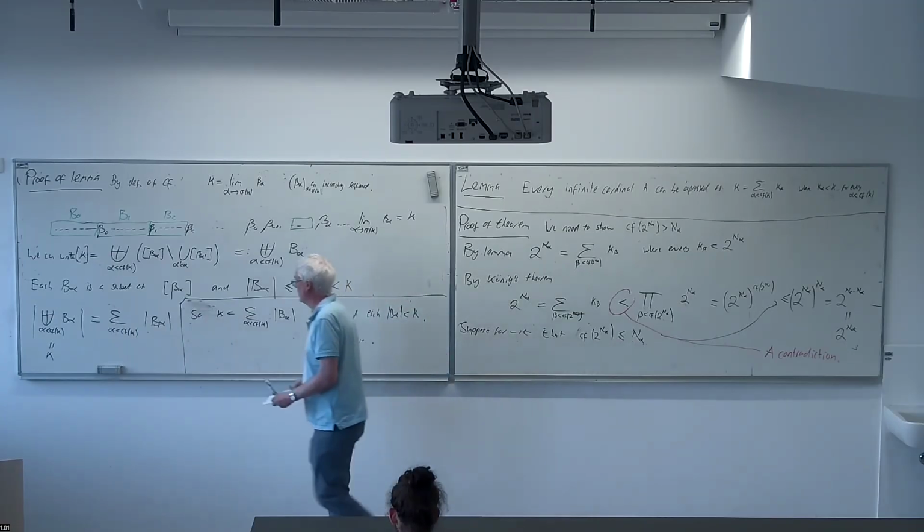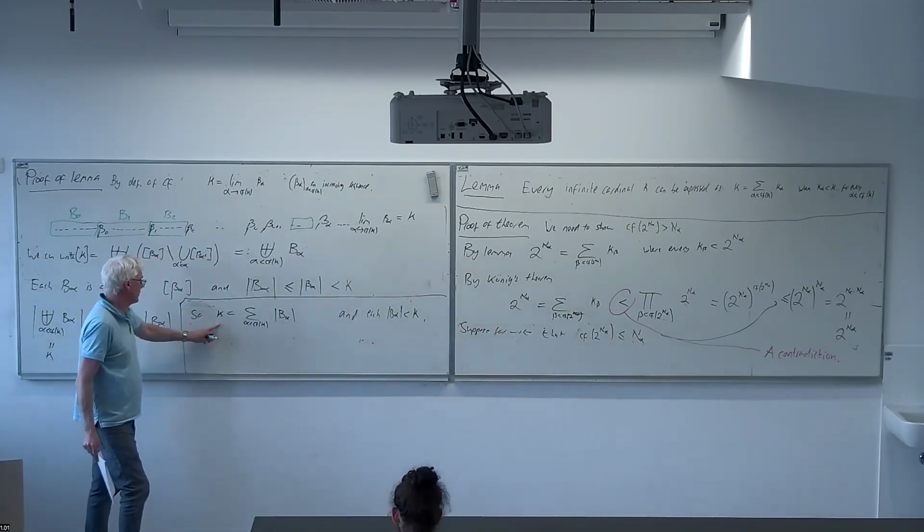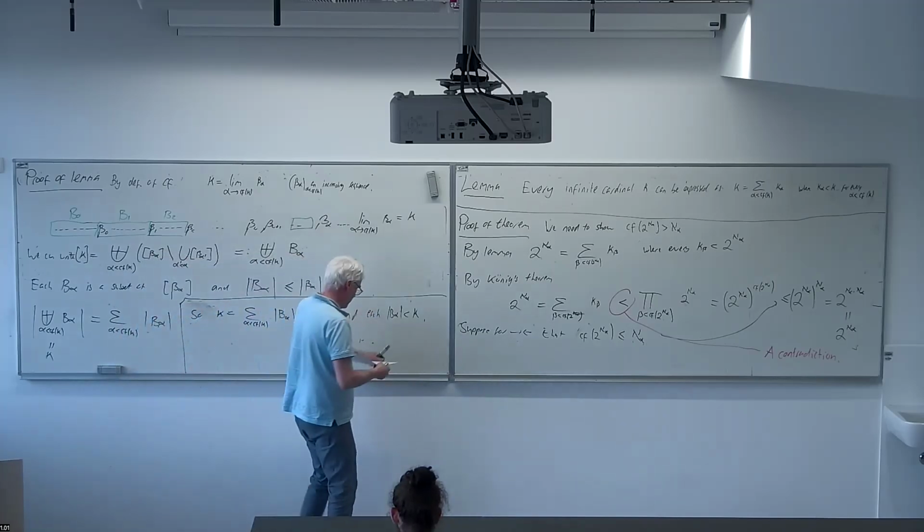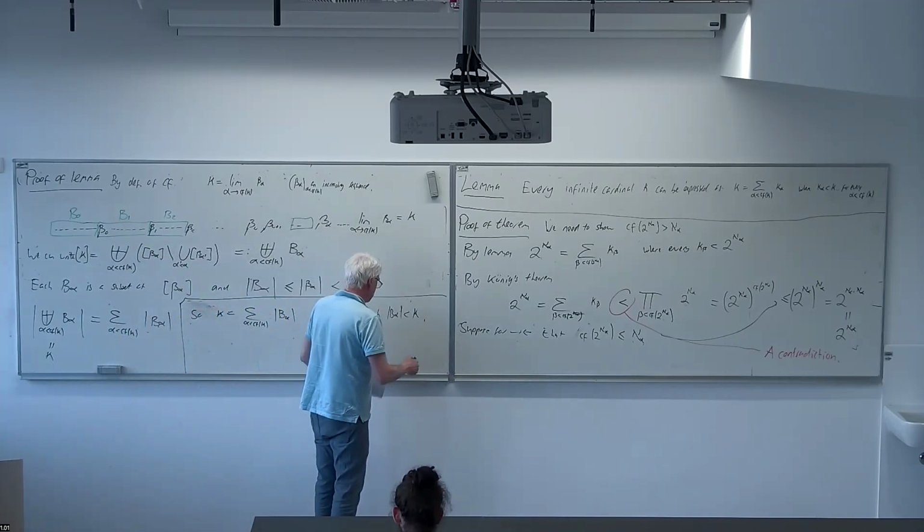So indeed we've got it as the sum of strictly smaller cardinalities. So we're done.